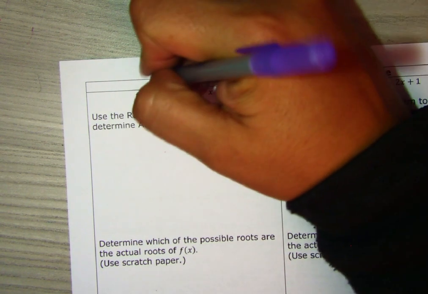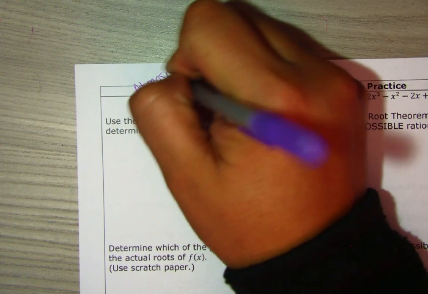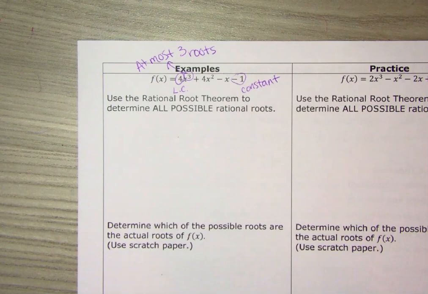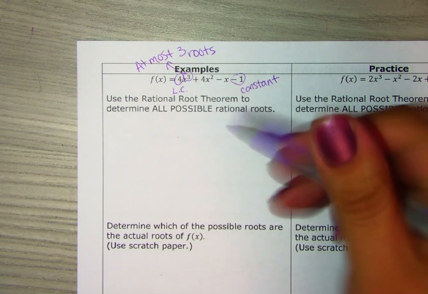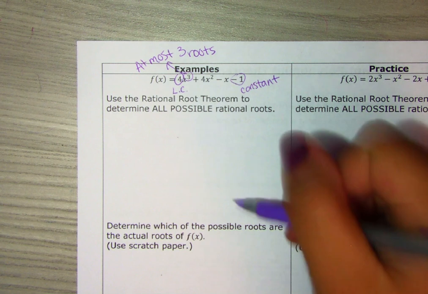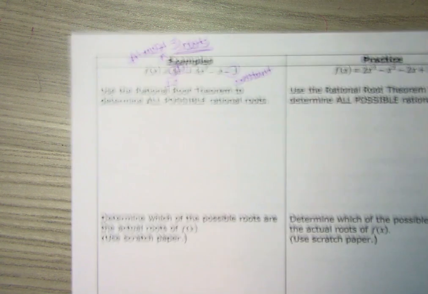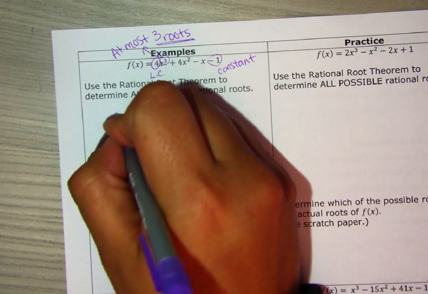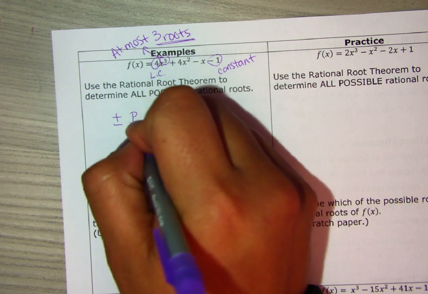The 3 is telling us that we're going to have at most 3 roots that are going to be rational. So we're going to come up with a combination of a lot of roots, and then we're going to do the synthetic division to check which ones are the 3 roots that we are going to have, that will touch on the x-axis.